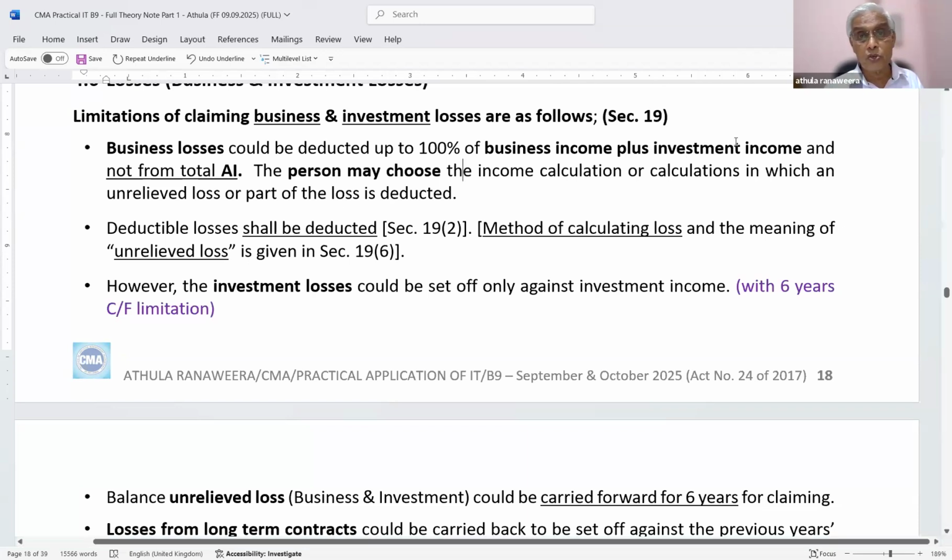Then the person may choose the income calculation in which an unrelieved loss or part of the loss is deducted.